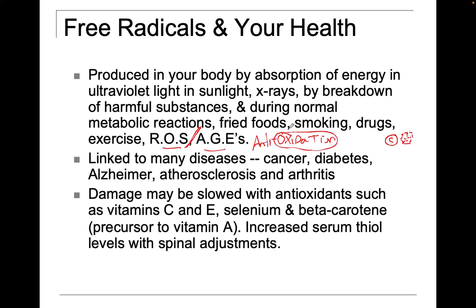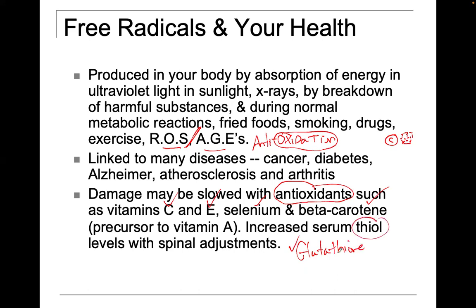So as long as we have antioxidants in our body, like vitamin C, vitamin E, selenium, beta carotene, these are antioxidants. So is glutathione. Glutathione is the most powerful antioxidant.